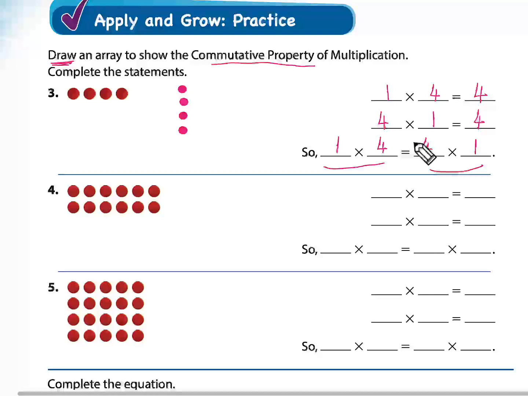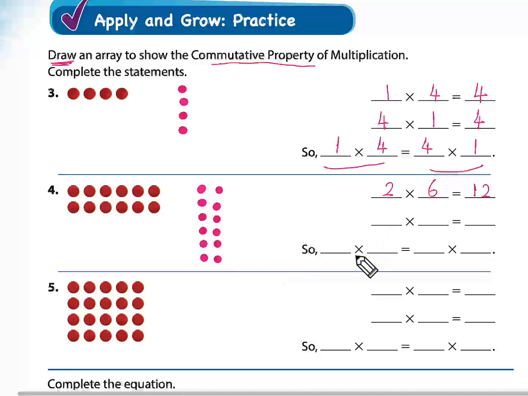Abdulaziz Al-Harib. Go ahead. So 2 times 6 equals, okay, let's turn it. We need to draw it. So how many rows? 6 rows. 1, 2, 3, 4, 5, 6, and 2 columns. 1, 2, 3, 4, 5, 6.